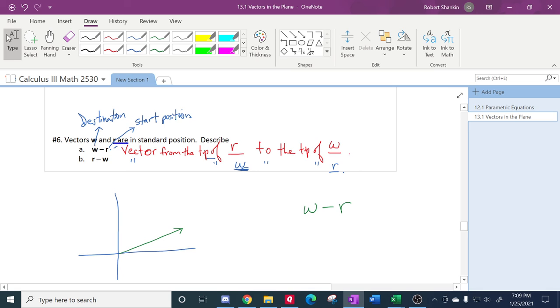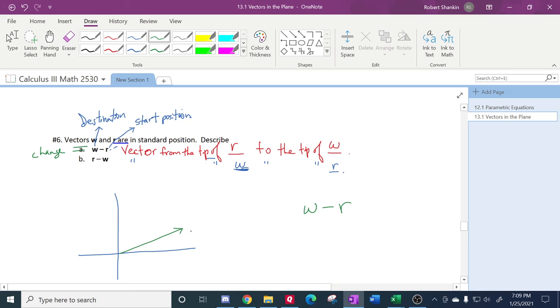Even if it's vectors, we'll look at a subtraction of vectors as the amount of change. W minus R is the change. And it only has that interpretation if that one was the destination and that one was the start.